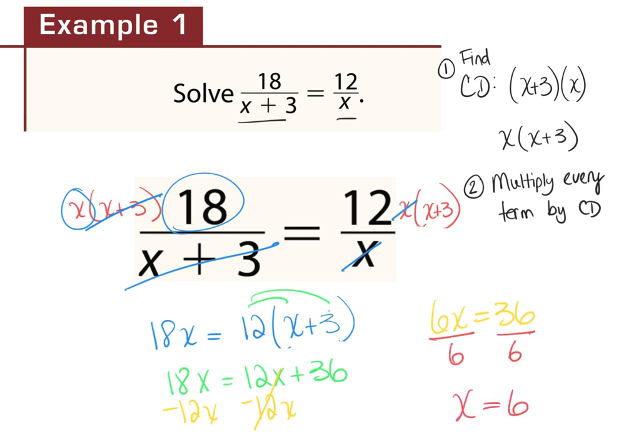The only thing I need to do is go back up here and say 6 plus 3 in the denominator. That is 9. That's fine. 6 in the denominator. That is also fine. It does not cause a 0 in my denominator. So this is my answer. X equals 6. You can also check it, by the way. You can plug your 6 back in and see if you get an equivalent statement or a true statement.